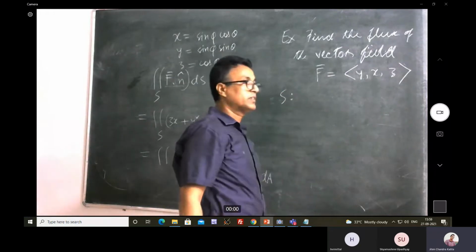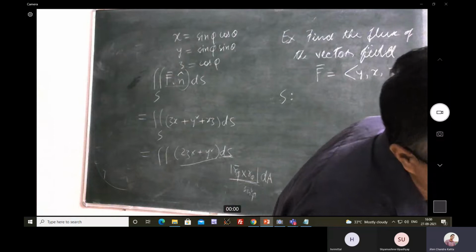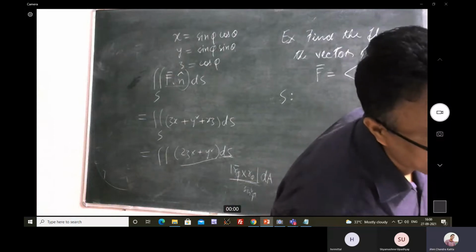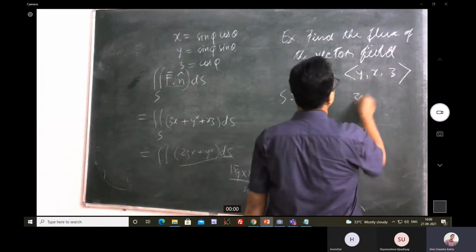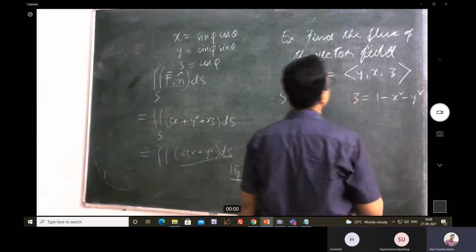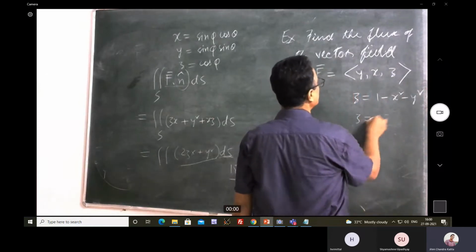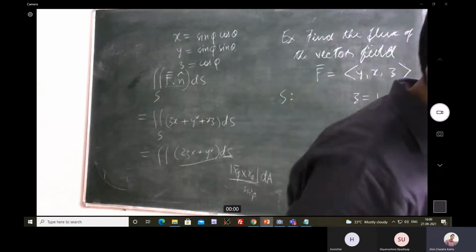S encloses the solid region E, which is enclosed by the paraboloid z equal to 1 minus x square minus y square, and the plane z equal to 0.